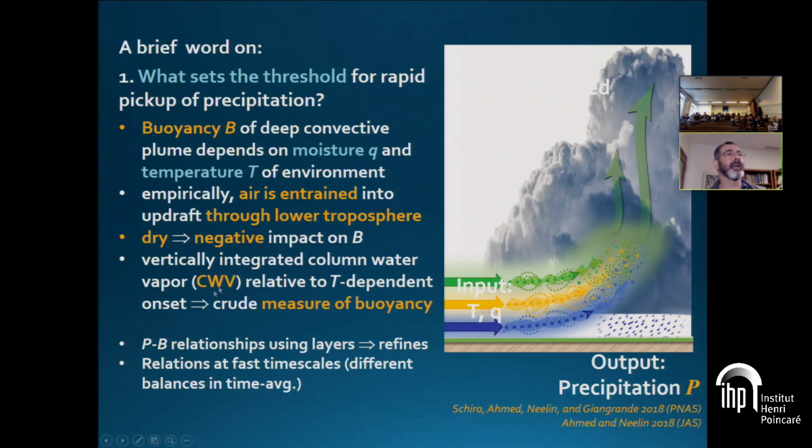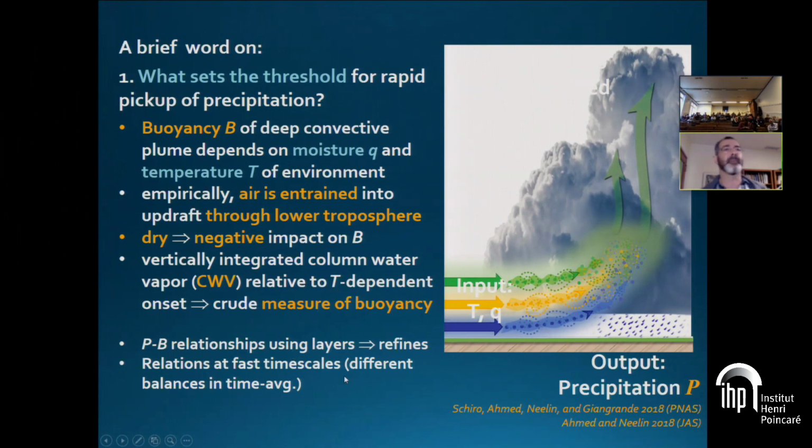Between them all, the integrated column water vapor, which we have a lot of observations of from satellite, ends up being a sufficient measure of the lower tropospheric water vapor here that, relative to its temperature-dependent onset, becomes a crude measure of buoyancy. And in work that I can't talk about today, you can refine these measures of buoyancy using different layers, and that's a subject of a talk all by itself.